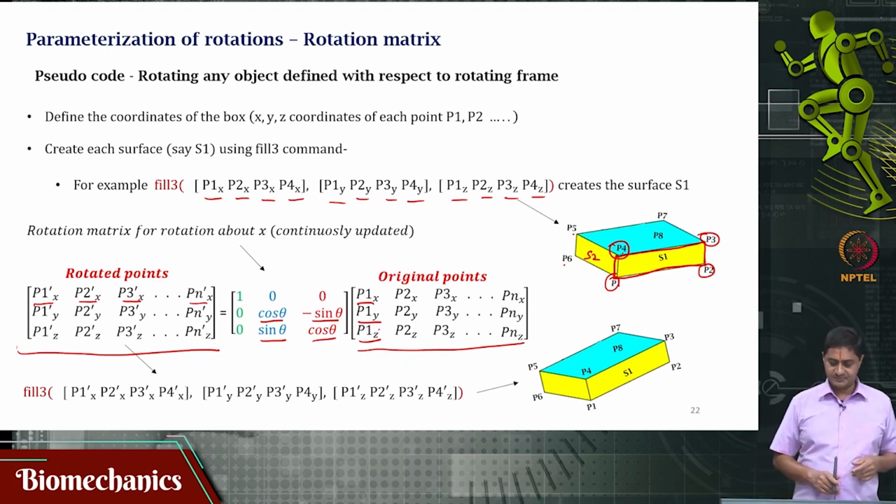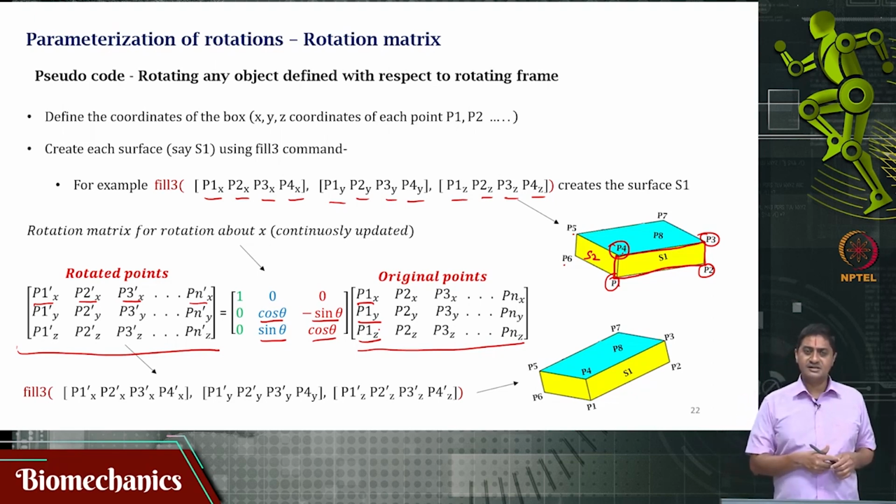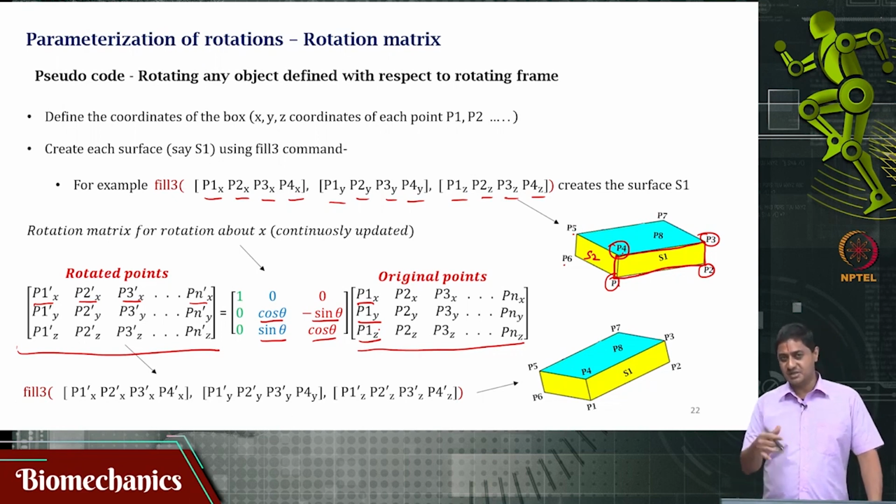I am going to keep doing that, and I am going to get a set of rotated points which I can use to plot. So that general rotation happening about many axes simultaneously, or about one axis that has components in all the 3 principal axes, will also be discussed, but not in this video.